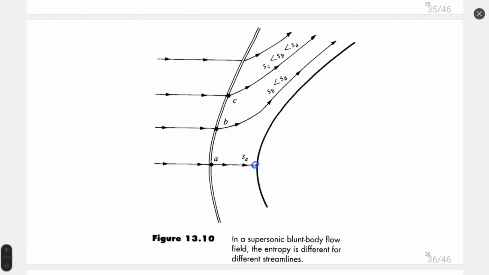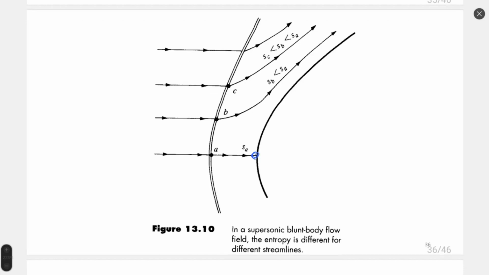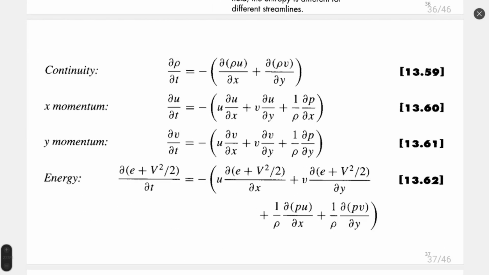Let's say the stagnation streamline is the streamline which leads to the stagnation point. For all other lines, the farther you are from this streamline, the smaller the entropy on that streamline. Just this observation.